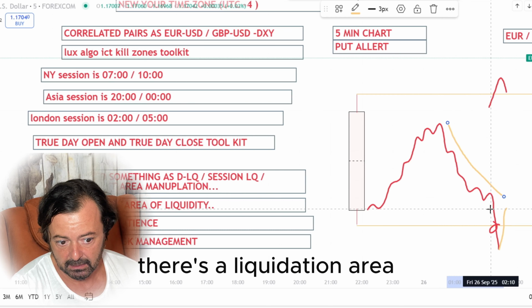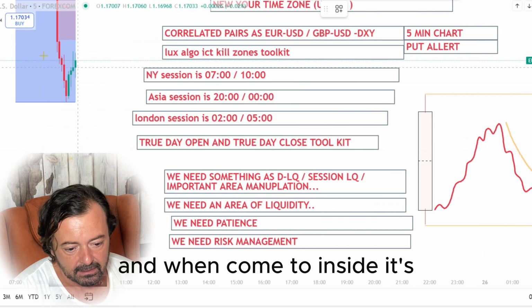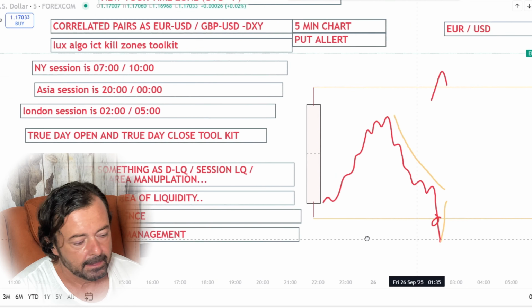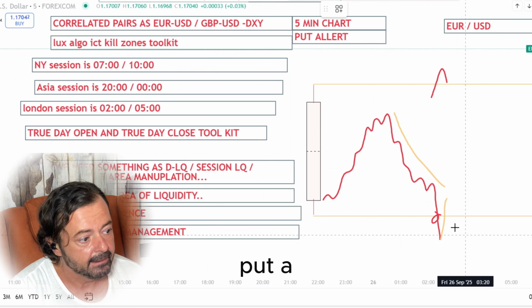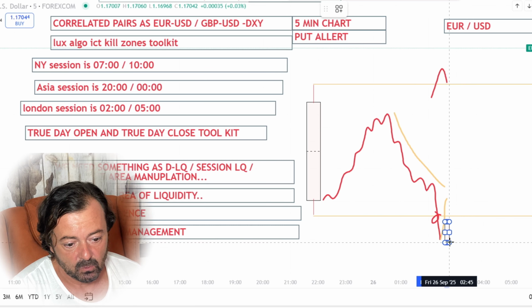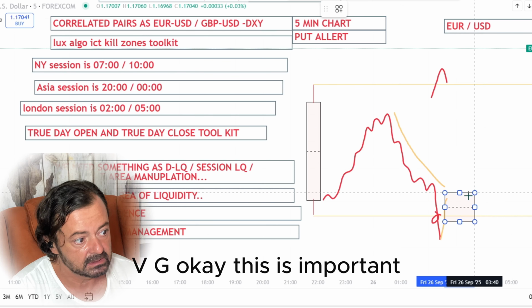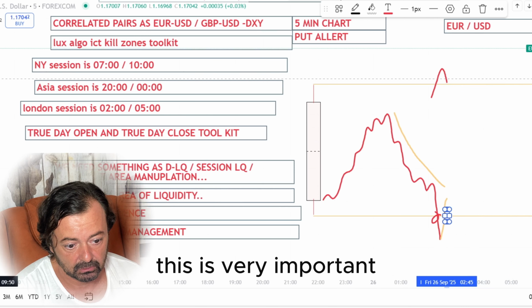Price goes down, manipulates the daily low, and comes back inside very fast. When it comes inside, we put a Fibonacci. This is very important.